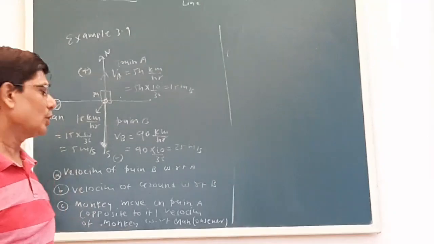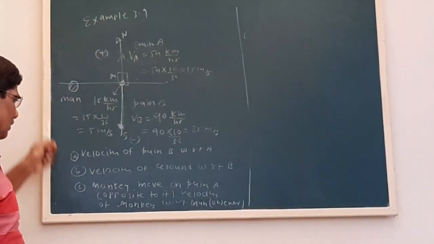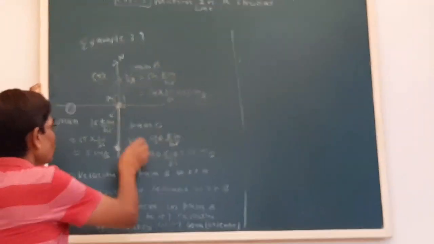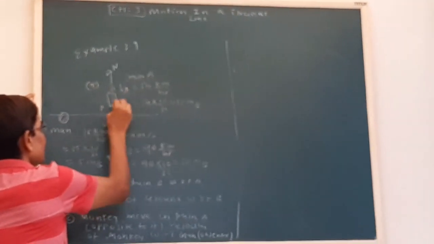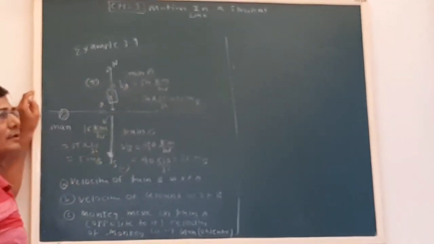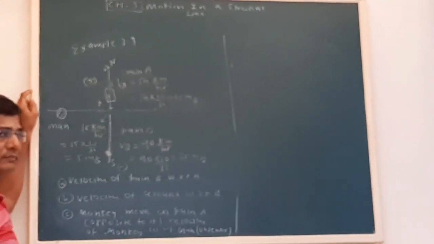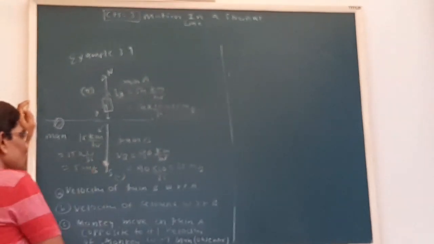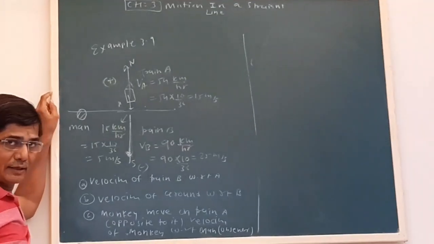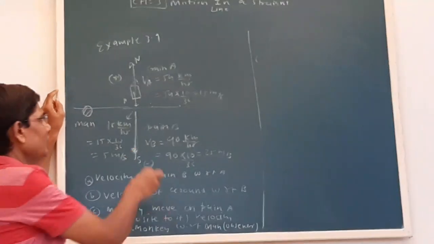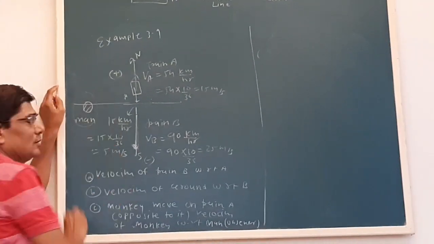Now see our third part of the question. See, the monkey moves on train A, moving opposite to the direction of train A, with the velocity of 15 meter per second. We have to find out the velocity of the monkey with respect to a stationary observer, or a man on the earth.